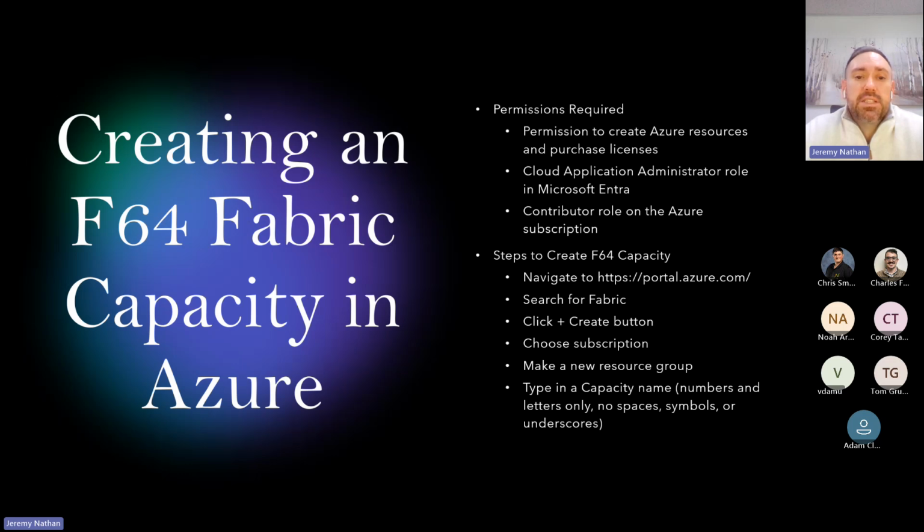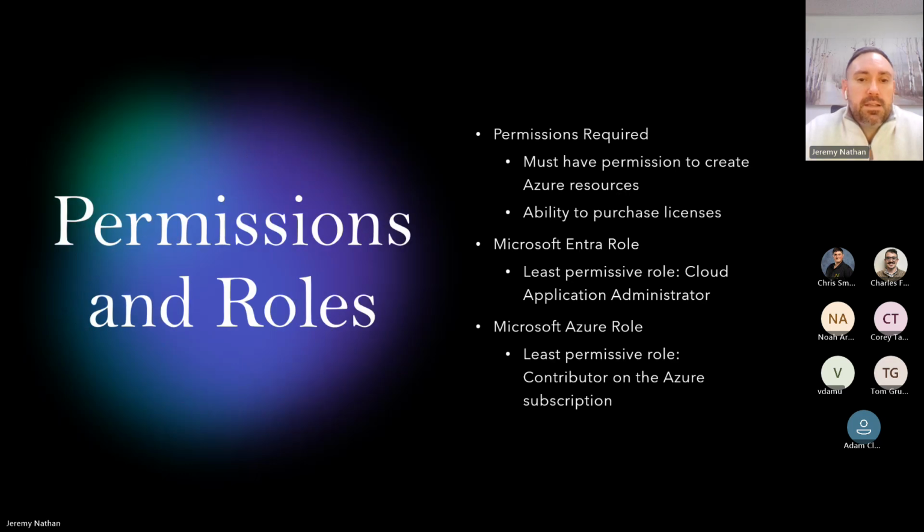That's the least permissive role, and you also will need a Contributor role on the Azure subscription. Again, that's Cloud Application Administrator to work in Azure, and also Contributor on the Azure subscription. And you also may need to be a Power Platform admin to be able to enable these things in Power BI services.